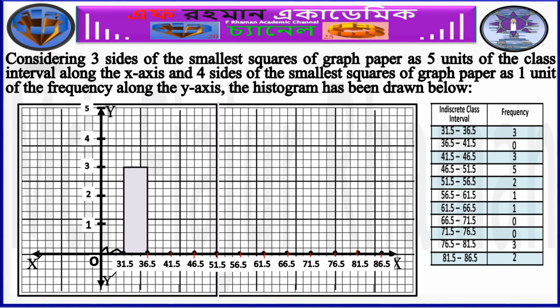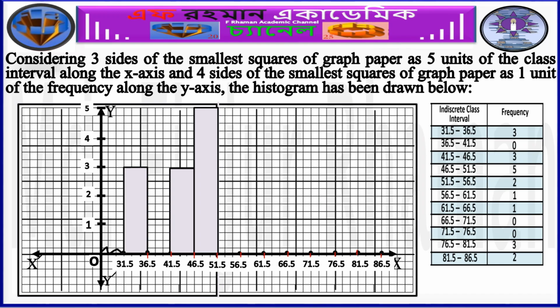The frequency in the class interval 41.5 to 46.5 is 3. That's why the length of 12 smallest squares will be the height of this rectangle. The frequency in the class interval 46.5 to 51.5 is 5, so the length of 20 smallest squares will be the height of this rectangle.